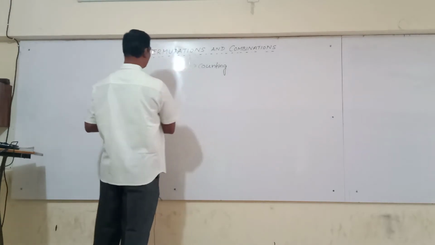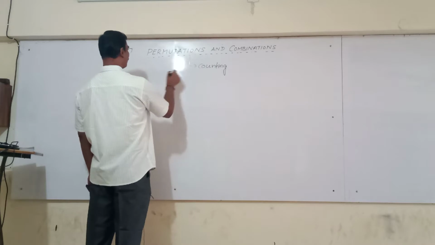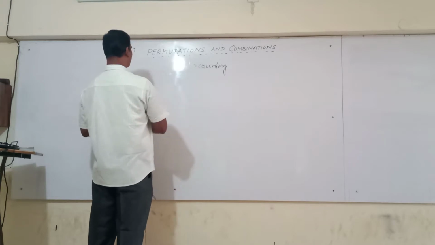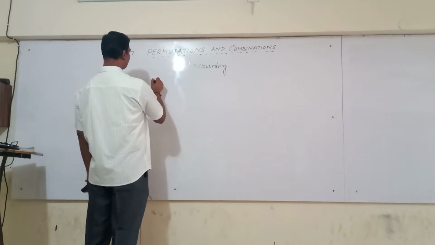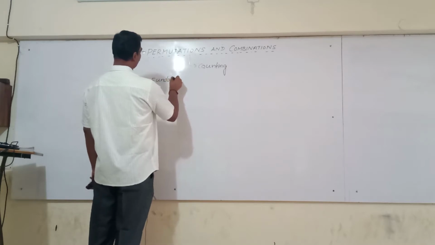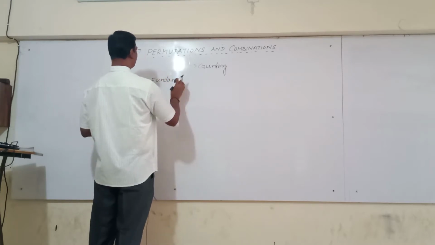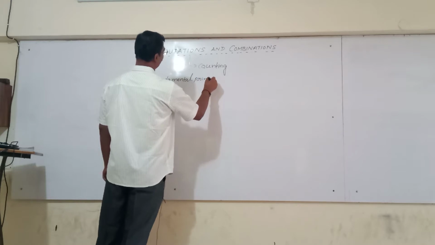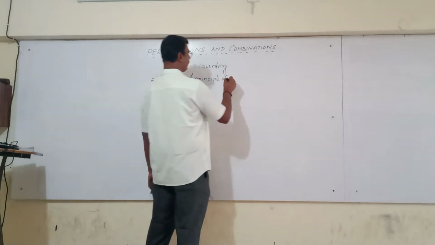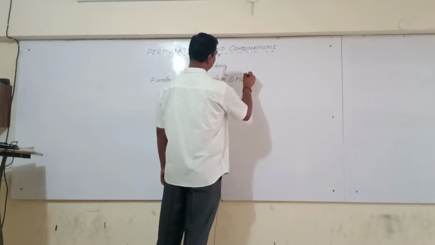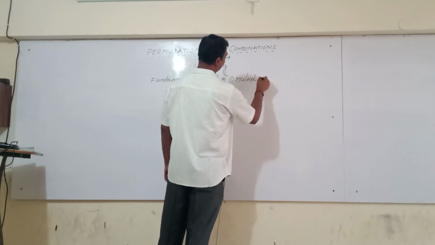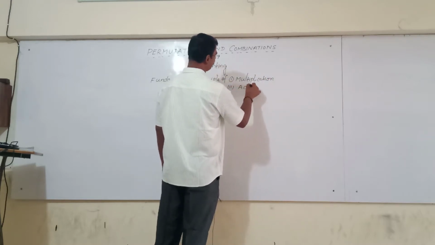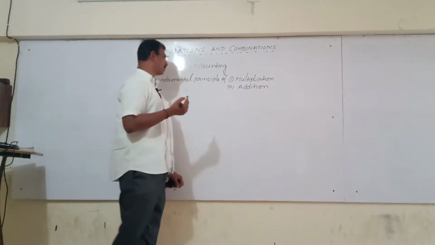Rule number 1 is the fundamental principle of multiplication, and the second one is addition. So these are the rules.